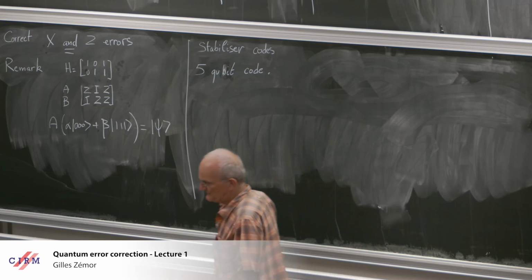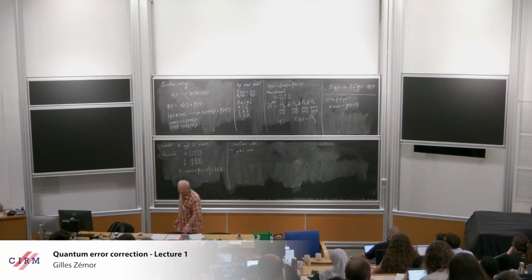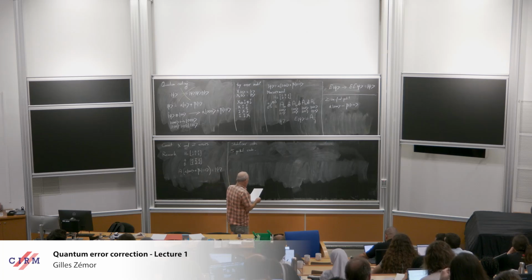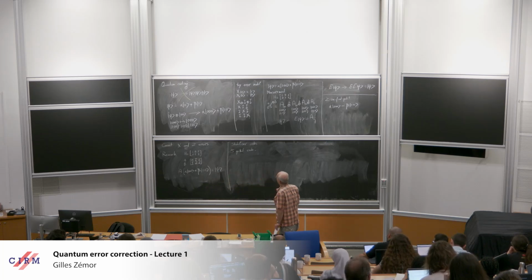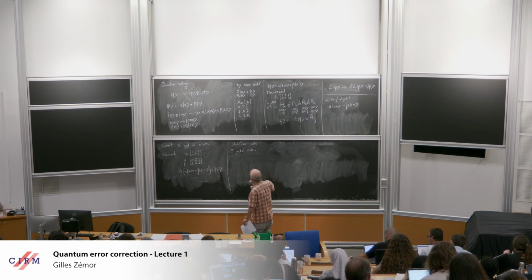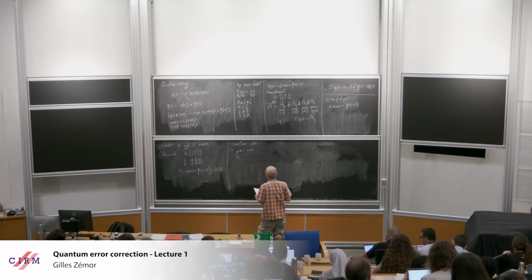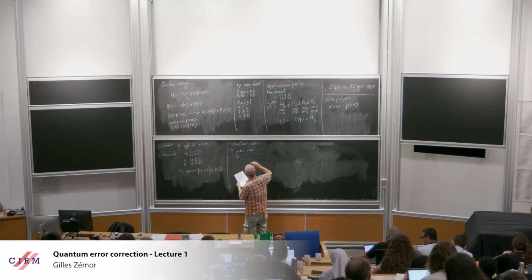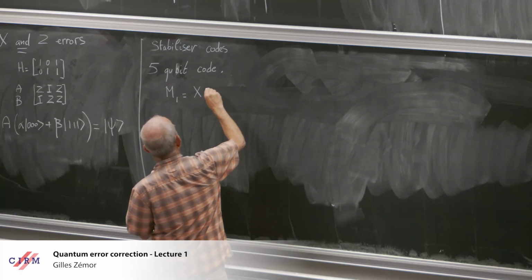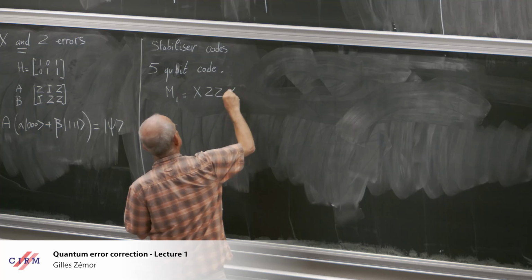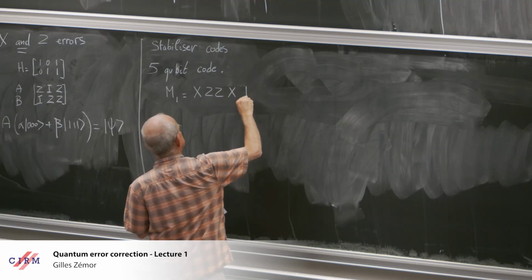So let me do this. I'm going to define 4 Pauli operators. Which ones? These. So let me define M1 as X, Z, Z, X, identity. Okay?